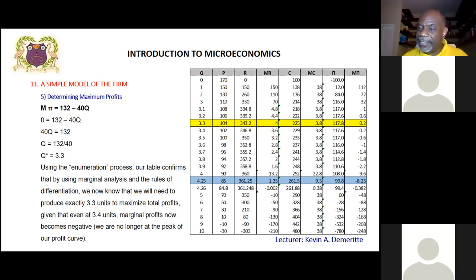3.3 sounds about right. Now, if we want to get down to 0.0, we may need to go to 3.31 and see what happens, 3.32 and see what happens, 3.33. And we can do that.